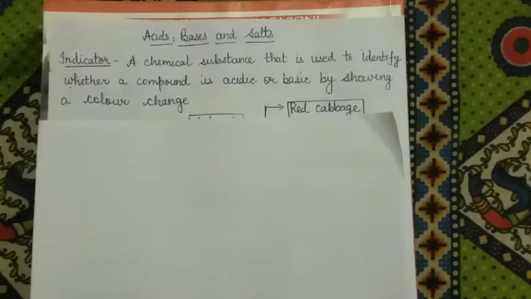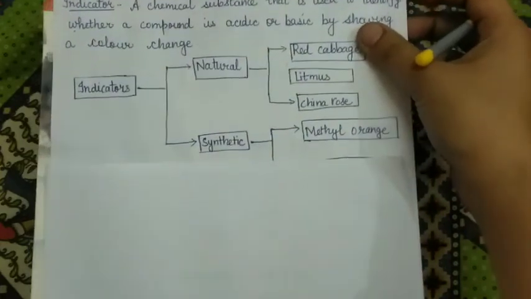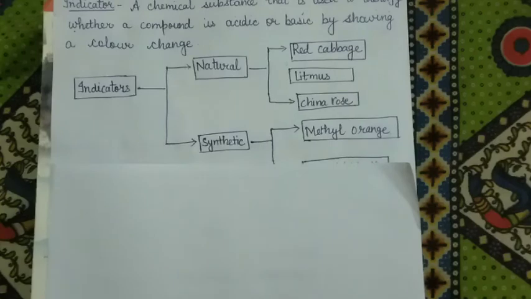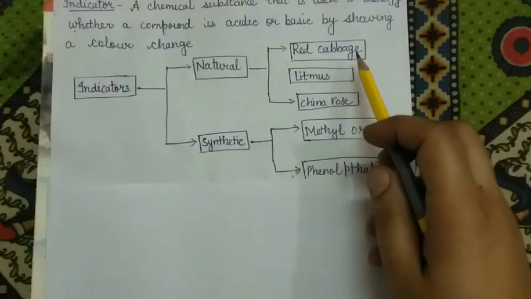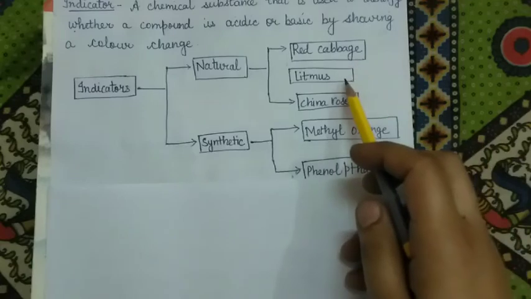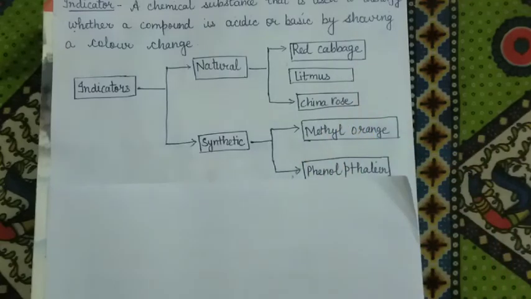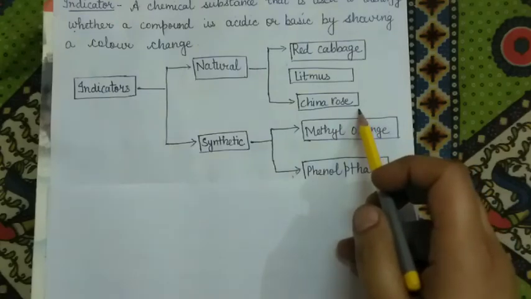Next, we have two types of indicators. One is natural indicators and the other is synthetic indicators. Natural indicators are obtained from natural materials, like red cabbage extracted from red cabbage leaves, litmus that we obtain from lichens, and China rose that we obtain from China rose petals.